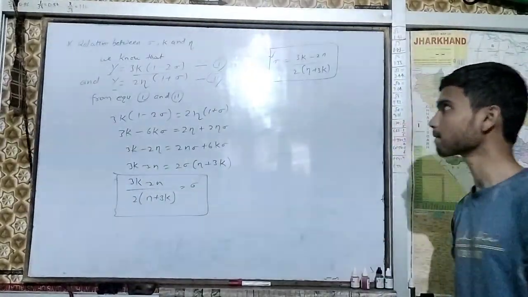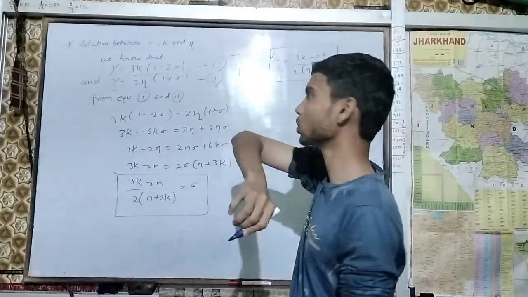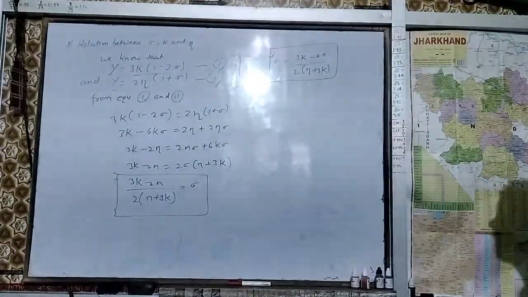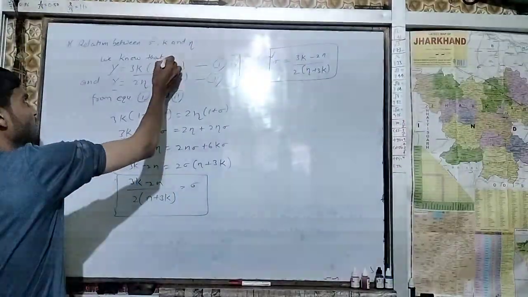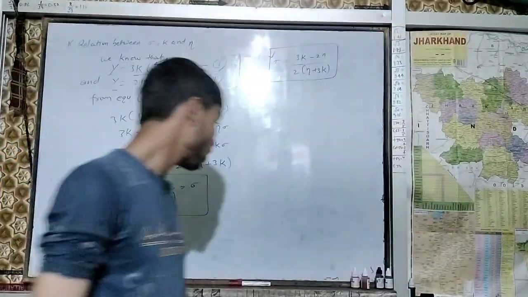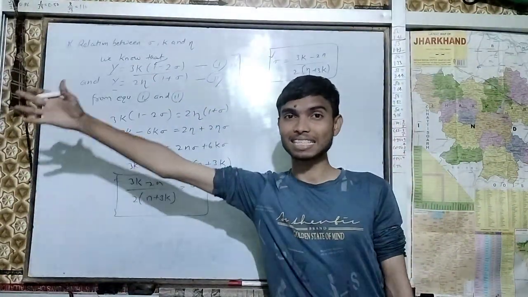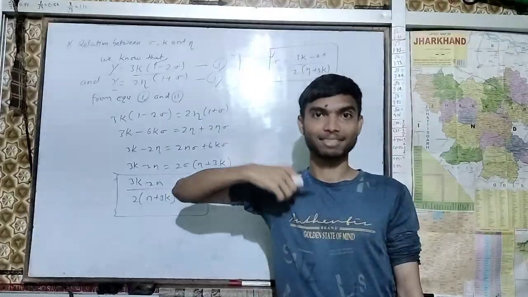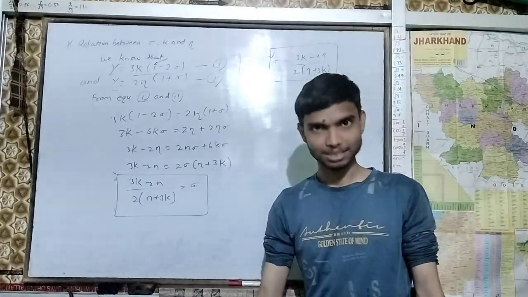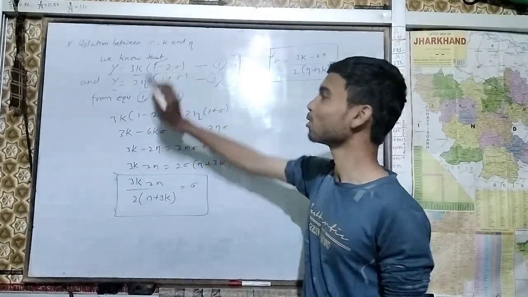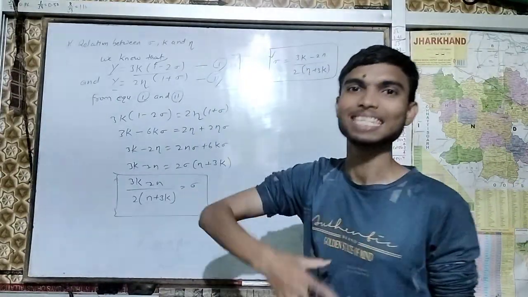No, not at all. The main thing in this relation was these two equations. Y is equal to 3 times bulk modulus into 1 minus 2 Poisson's ratio. Just understand from this that one length is increasing and two sides of the cube are decreasing. From Poisson's ratio, understand two sides are decreasing and one side is increasing.